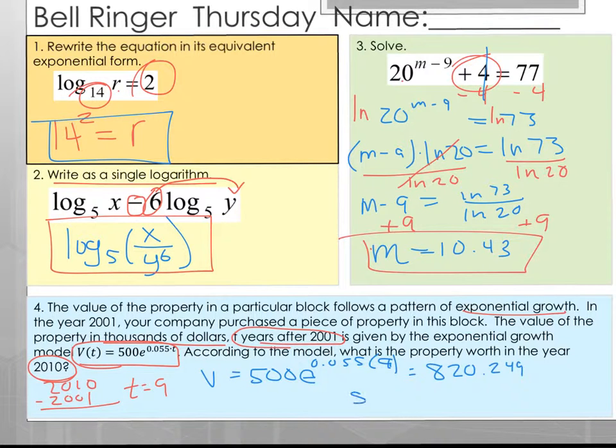So really I want to interpret this within the context of our problem. So we know we're dealing with money here. It's in thousands. I want to move the decimal place 3 times. $820,249. That's my answer for that question.